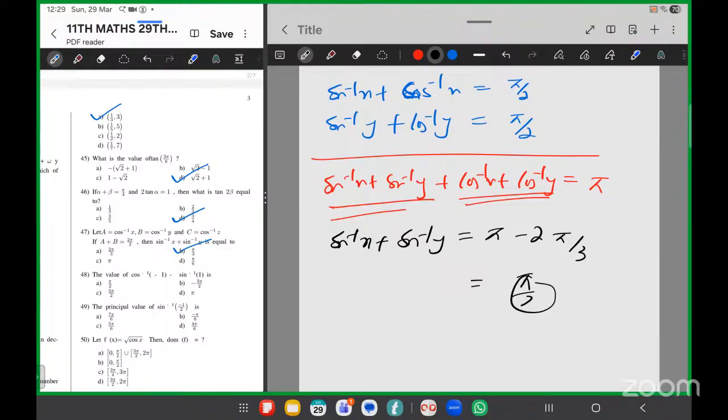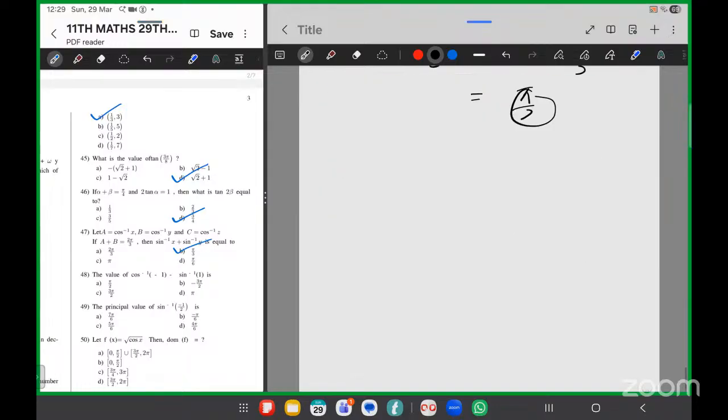Question number 48. The value of cos inverse minus 1 minus sin inverse 1. So for cos inverse minus, we have to apply the property of inverse trigonometry.